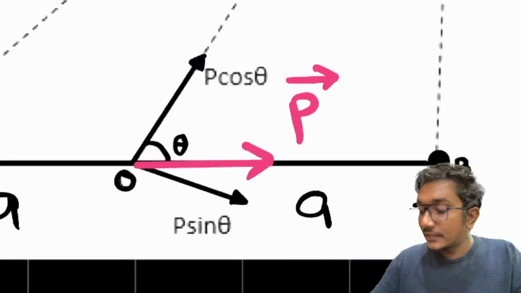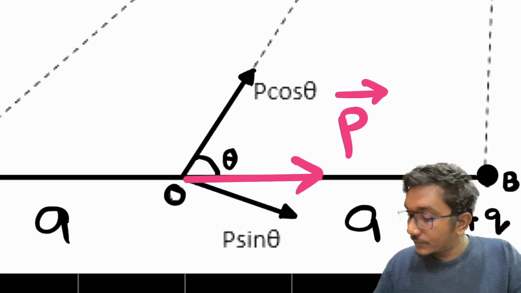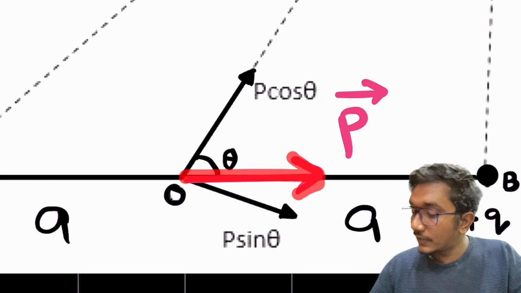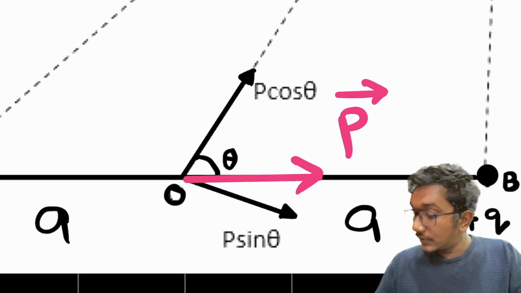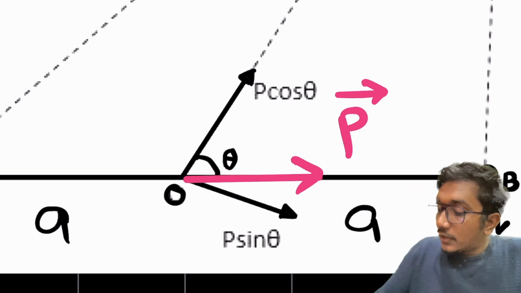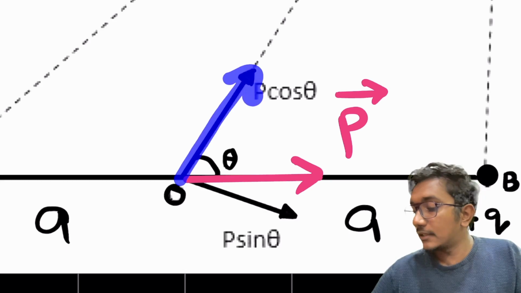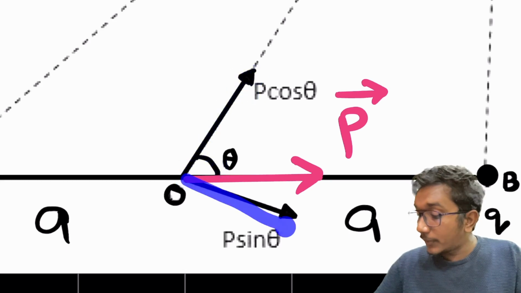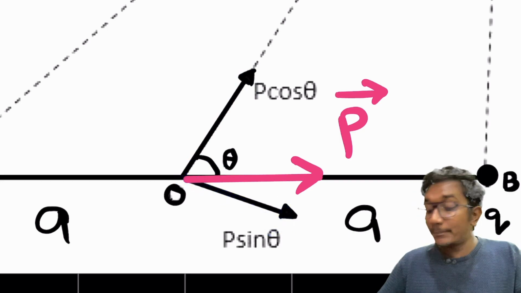You can see that the dipole moment P is in this direction. Now I can mark these components: this one will be P cos theta because it is adjacent. And what about the perpendicular component? That will be P sin theta.